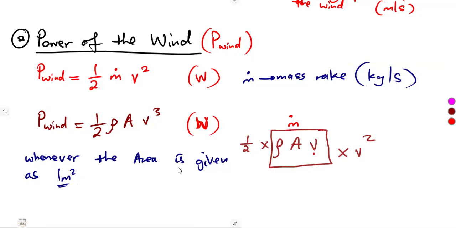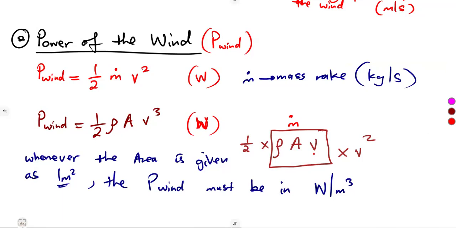The wind power must be in what? The unit for power per square meter, meaning watts per square meter, depending on your conversion.